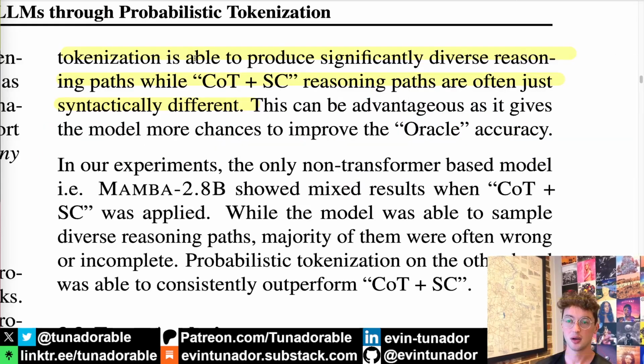And in particular, their tokenization oracle had significantly more diverse reasoning paths compared to the self-consistency reasoning paths. The self-consistency ones tend to just be syntactically different, as in they rephrase things differently, but they very rarely actually have different reasoning paths. So that is a crazy cool finding right there.